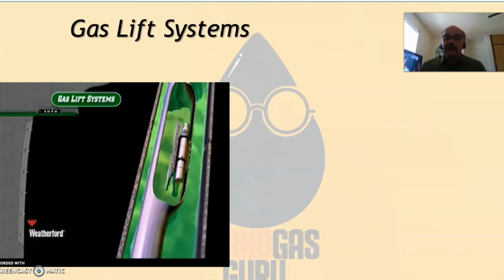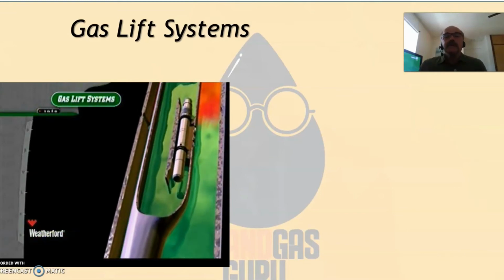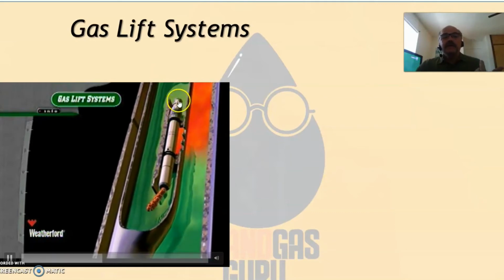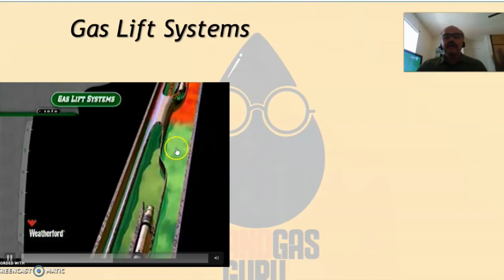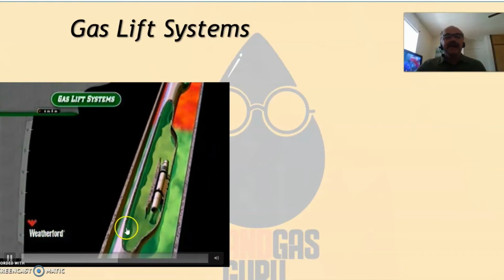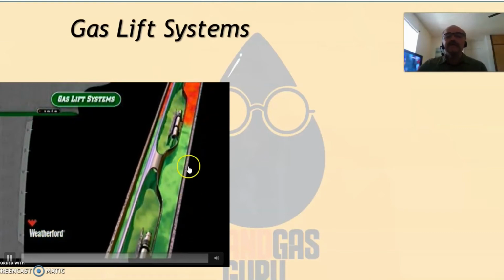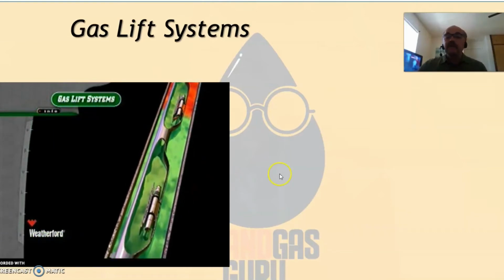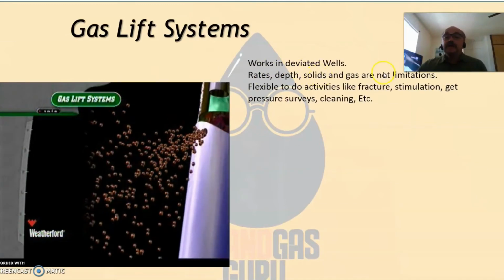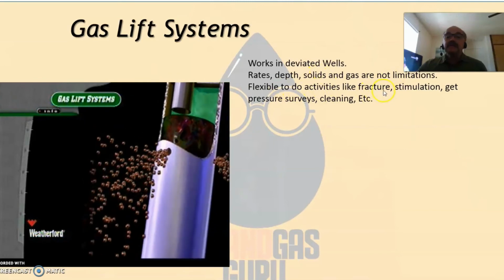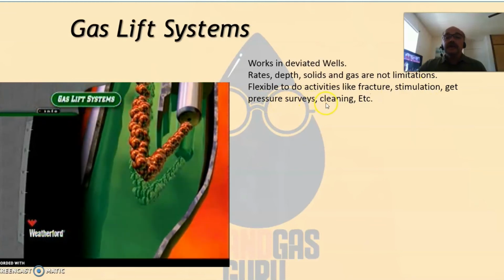In Venezuela, in the Lake of Maracaibo, we have wells that run 10, 20 years and don't need a rig, because if we need to do something to the valve, we can just get it with wire line and change it. And if we have a leak in the tubing, we already invented some tools so that we can seal it off. So the maintenance cost is very low, and it's okay for deviated wells. They don't care about solids or gas, and it's flexible to do frac jobs, stimulations, pressure surveys, cleaning.